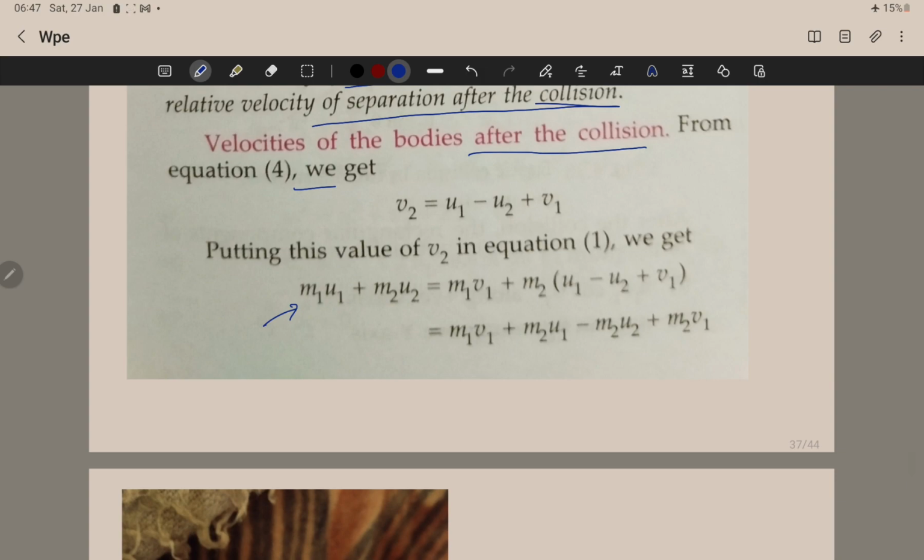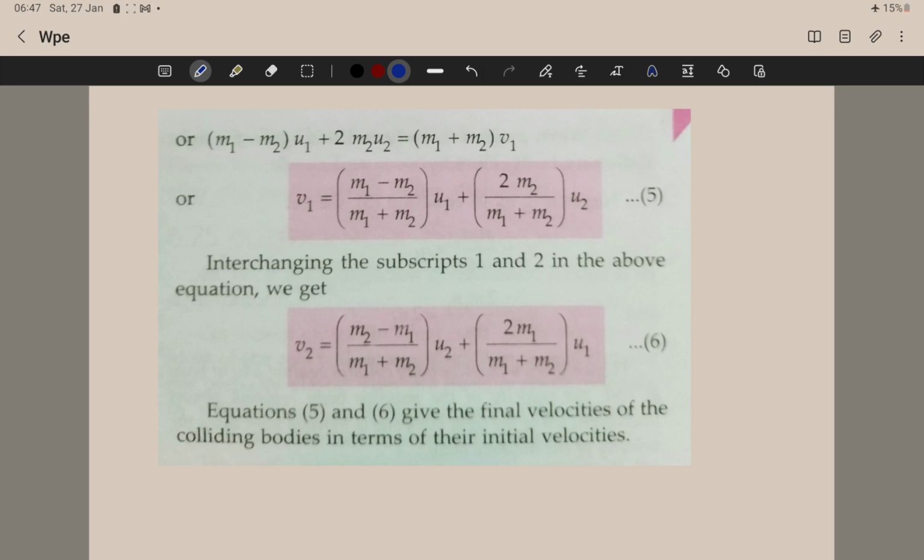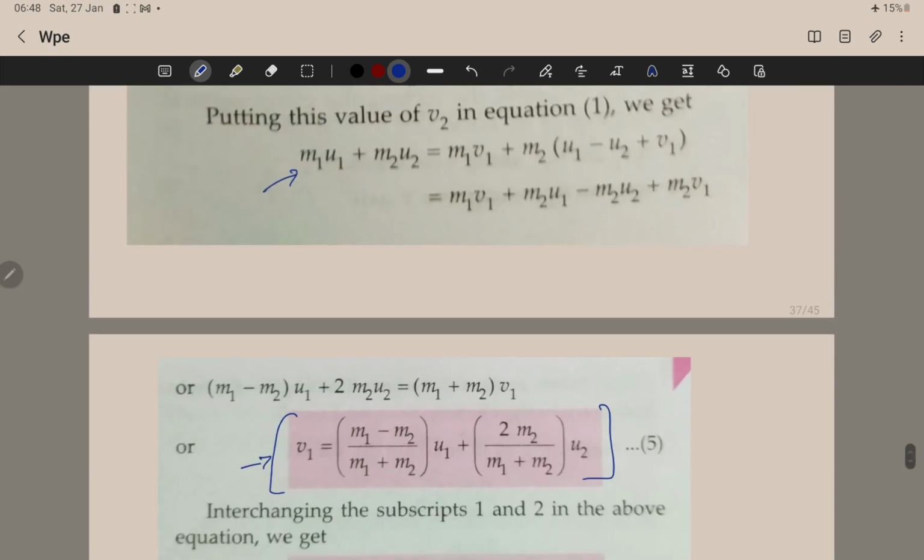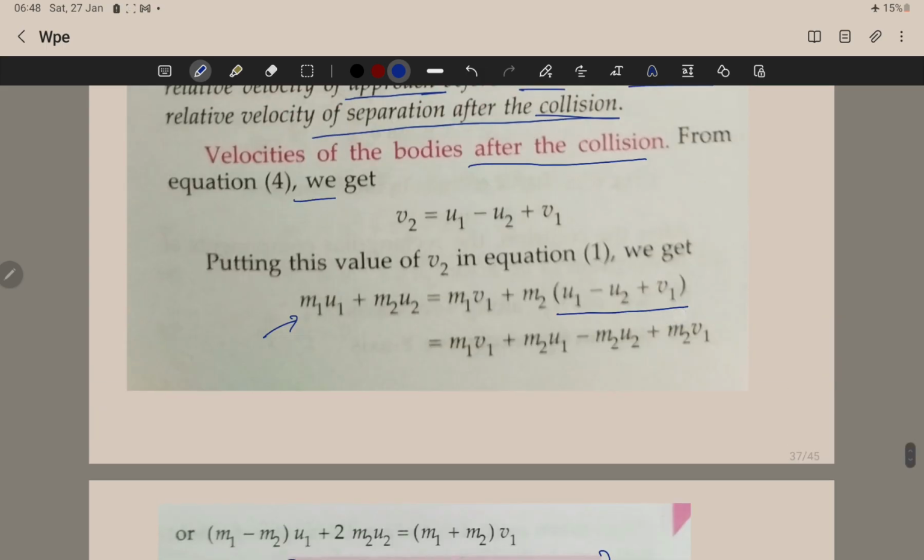If we solve this, we can find the value of v1. What we do is put the value of v2 from this equation into this one.